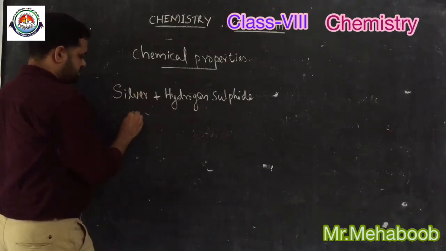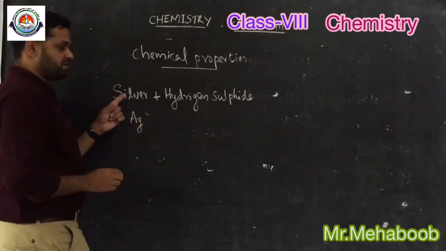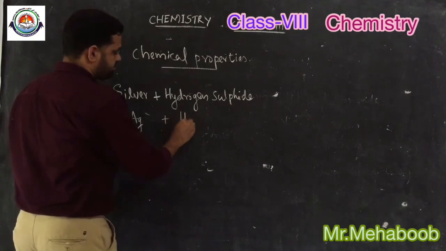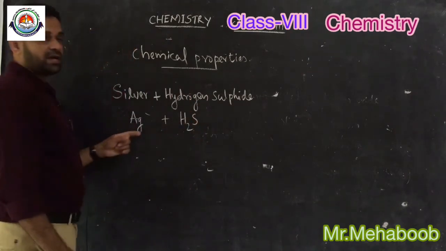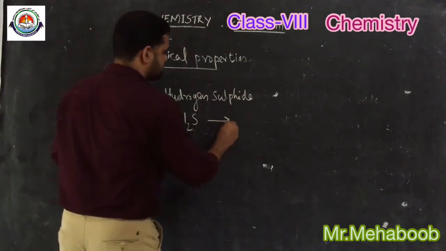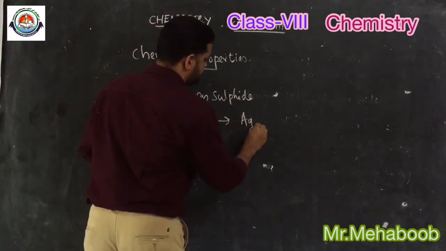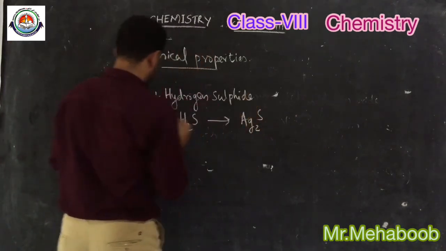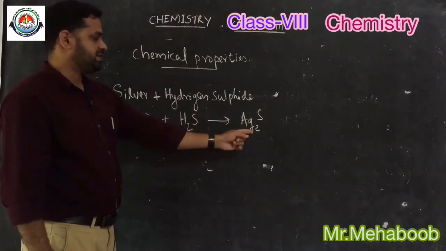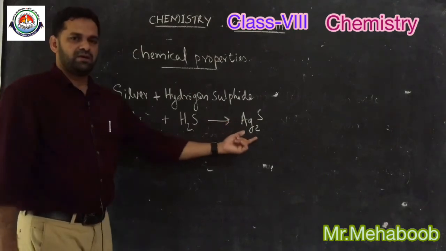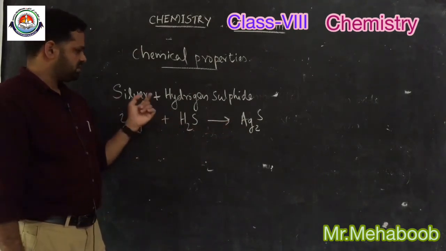Ag is the symbol of silver. It reacts with hydrogen sulfide, H2S, and forms silver sulfide, Ag2S. These are the symbols. You can also study this one, though it is not necessary.